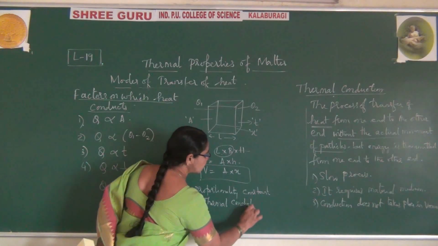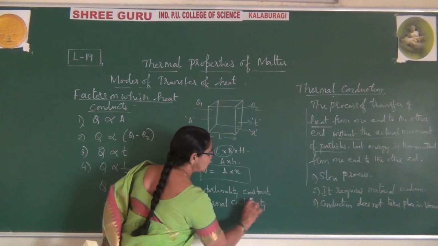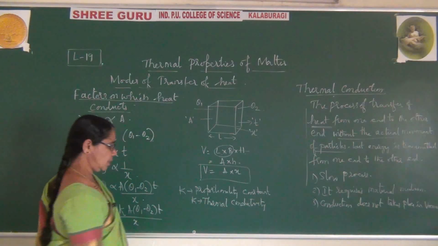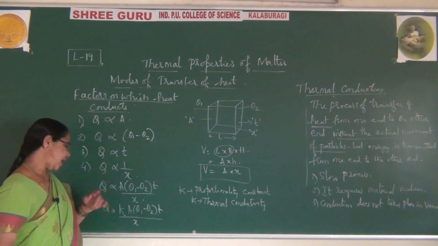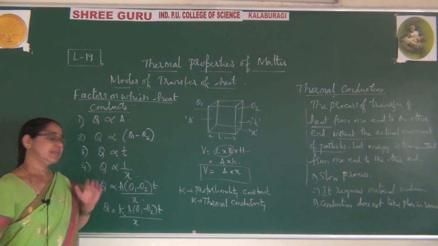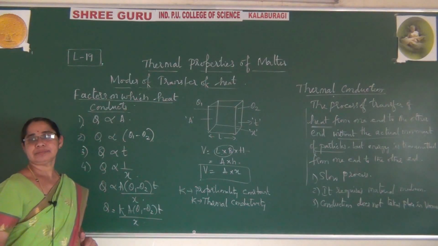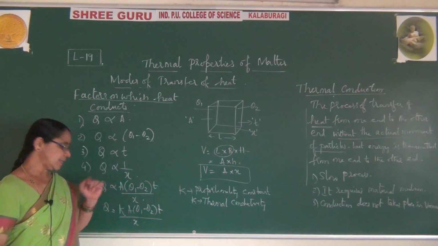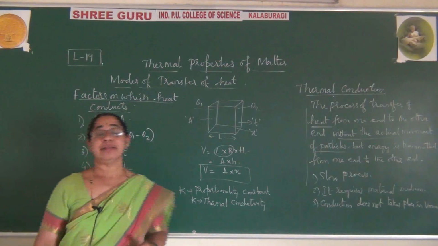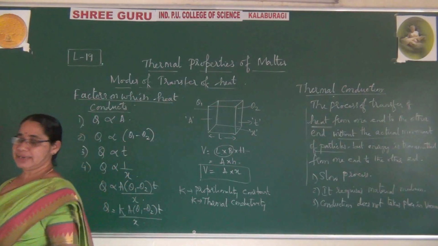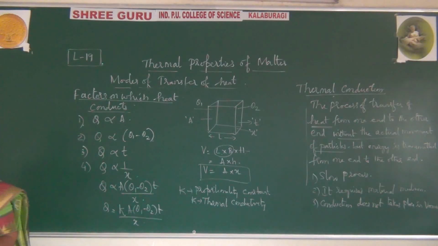This proportionality constant is represented by the word thermal conductivity. So now we got k, which is called the thermal conductivity. Now using all this, I can define thermal conductivity.